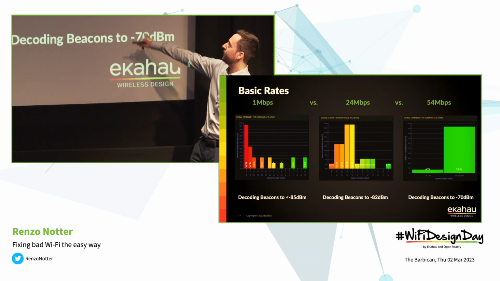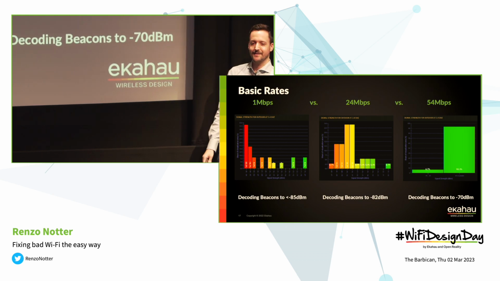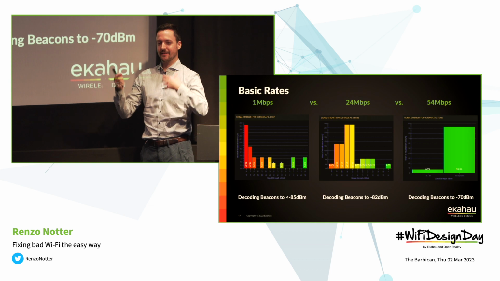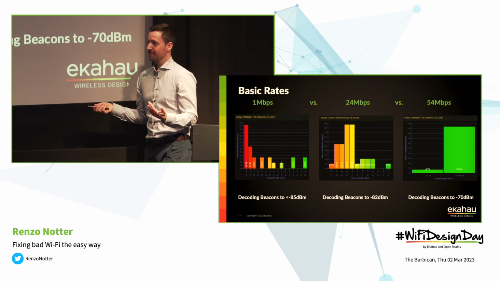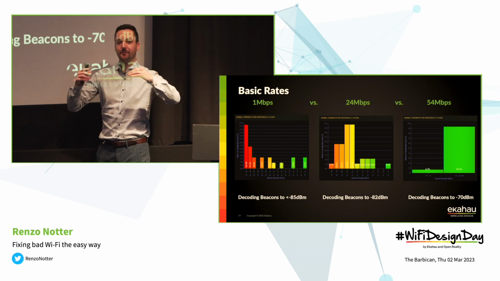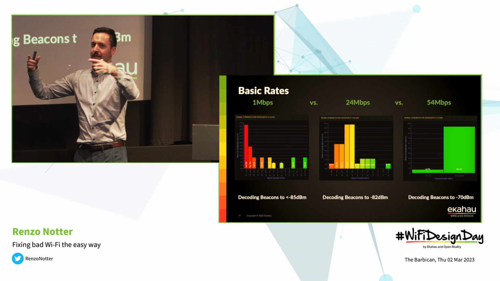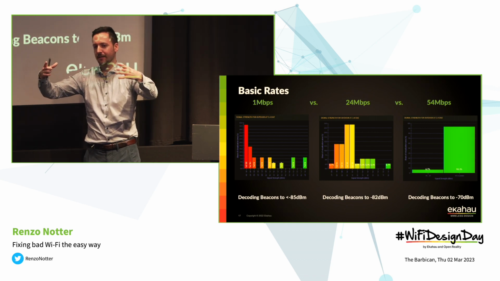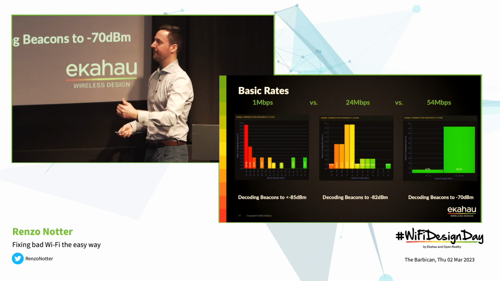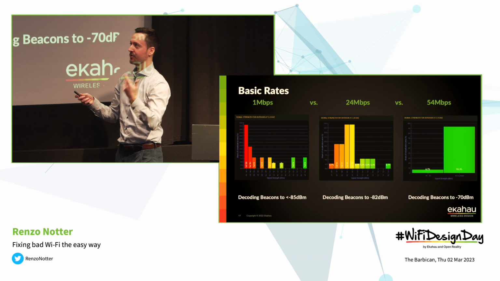And with 54 megabits per second, -70 was the hard cutoff. I didn't get anything below this level. So that's really what we mean when we say increasing the minimum basic rate will decrease the coverage area. It will decrease the area where we can decode the beacons, right? Because the energy is still there, but we can't decode it because the modulation is just too complex.